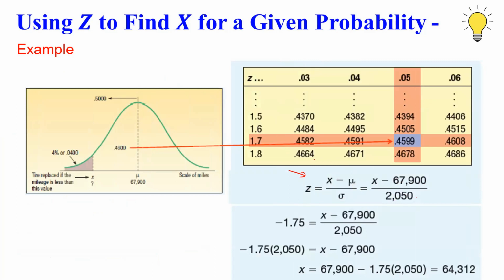Next, since this cannot be more than 4%, it must be less than 4%, so you need to work within this region, 4%. Now you need to look for the remaining part of it.